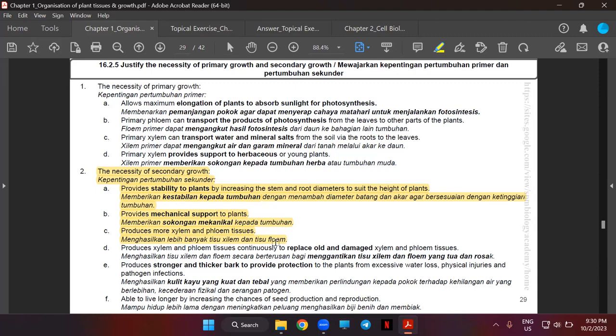Okay. Hold on for a while. Before we go to D, you tulis ini. Secondary xylems can transport water and mineral salt from the soil via the root to the leaves.